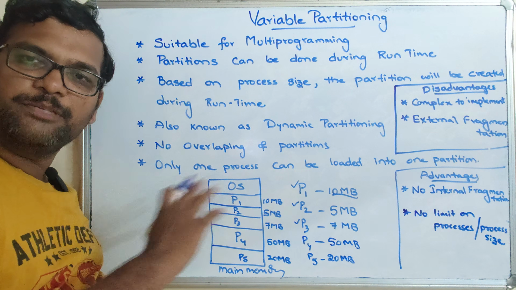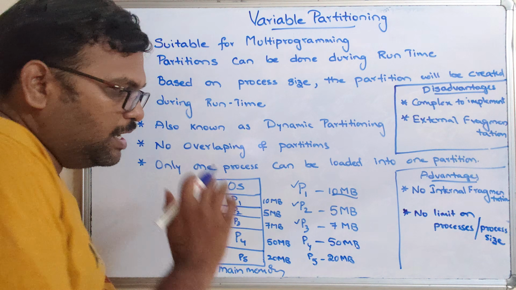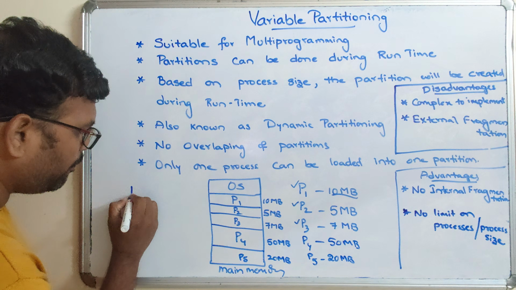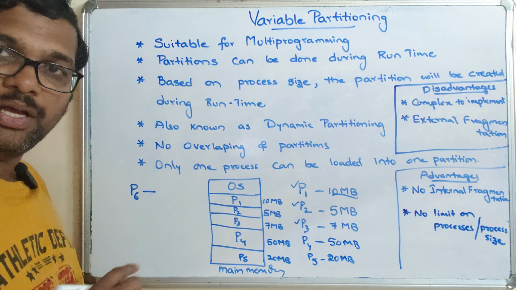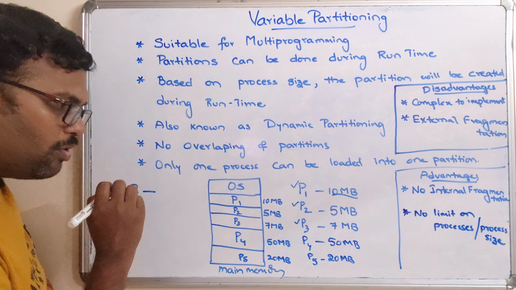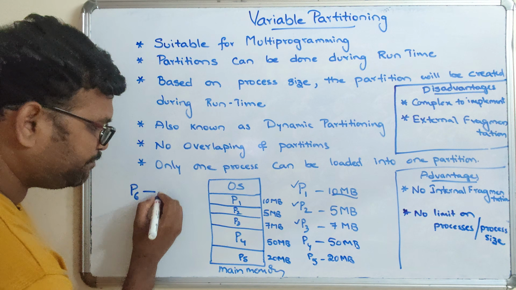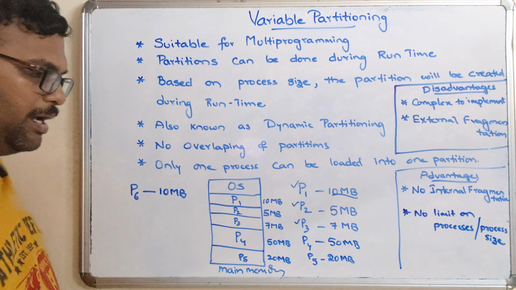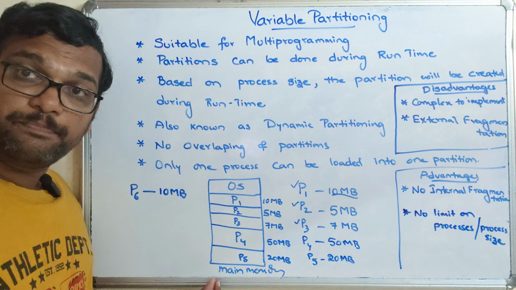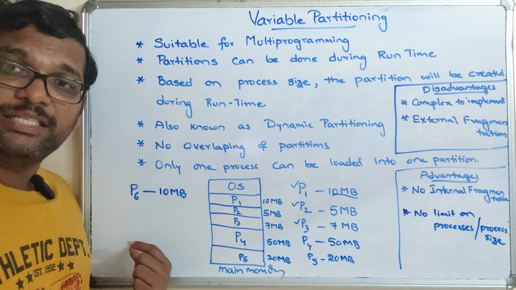The complete memory has been divided into partitions. Now there is one more process we want to load into the main memory, which is of 10 MB. But here there is no space to accommodate this process.